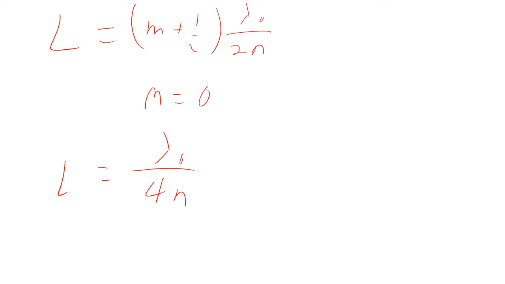Okay. Now, we already said the n was 1.35. Okay. So 4n is going to be 5.4. So this would be lambda naught over 5.4. So L equals lambda naught over 5.4.